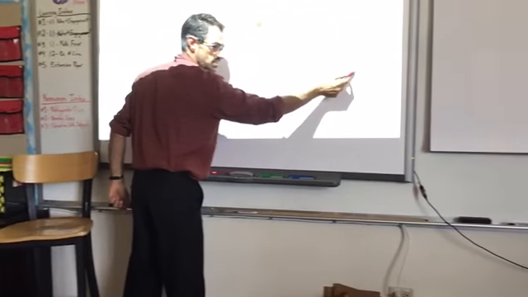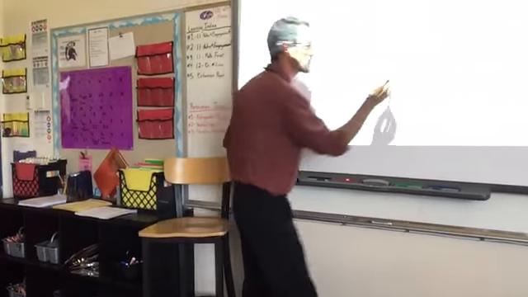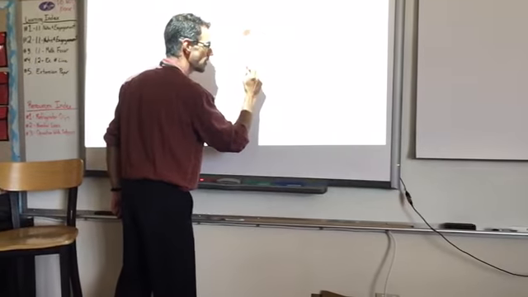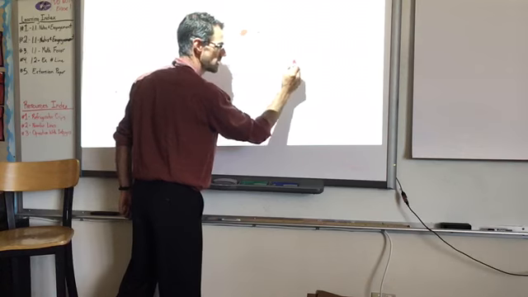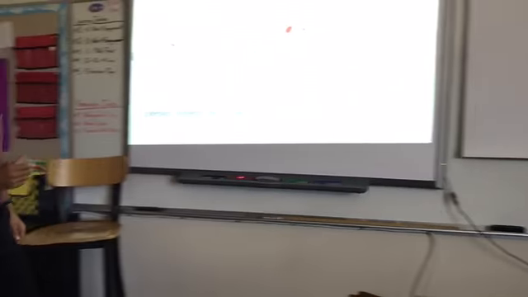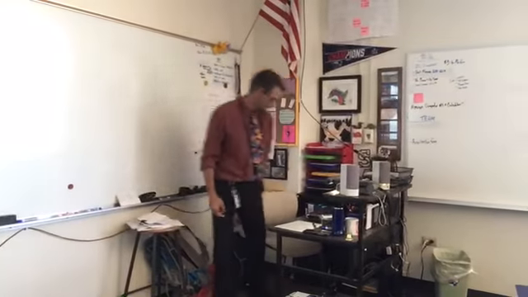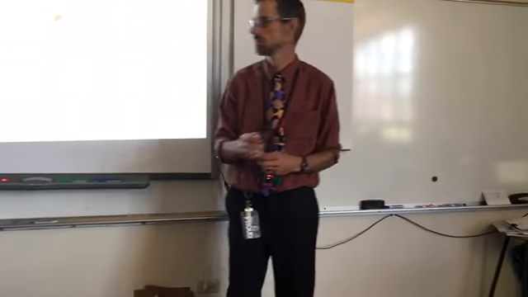Everything on this side must be bigger. So we know that this means that all the numbers from negative 7 this way. All of these numbers.